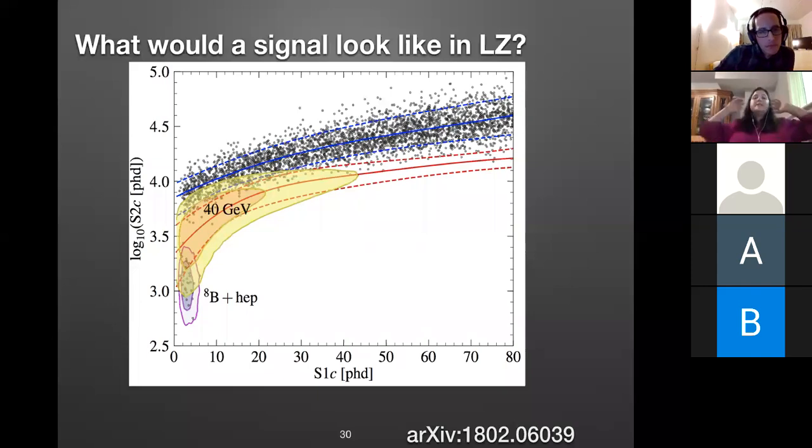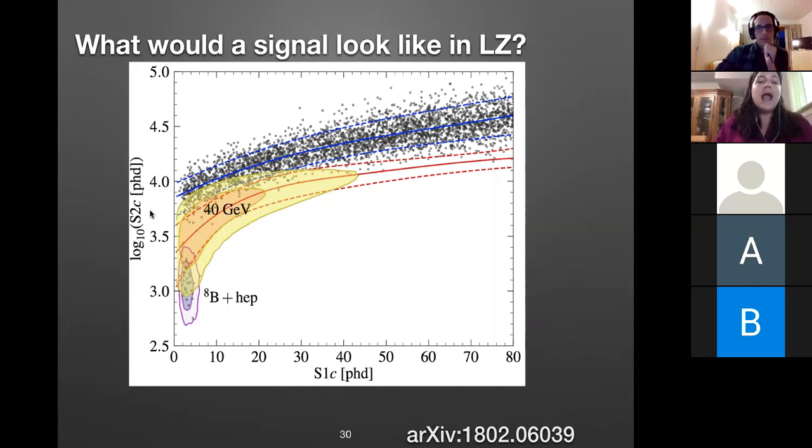So what would a signal look like in LZ? Similar to those CREST and CDMS plots, in the liquid xenon community, we make our plots with something on the x-axis that's a proxy for energy. So this is actually just our S1 signal, and this has been corrected for any differences in light collection efficiency from different parts of the detector.